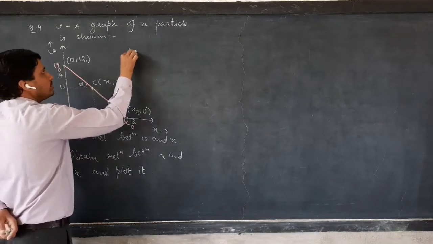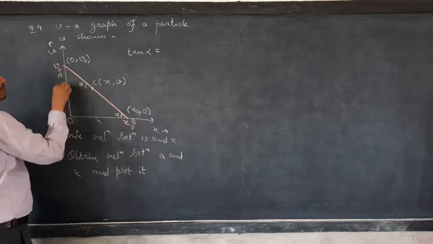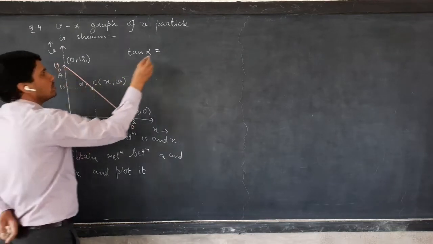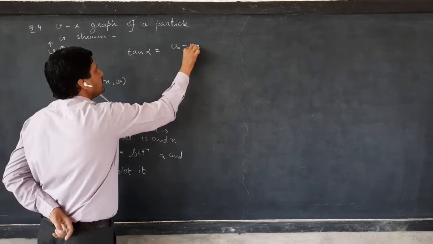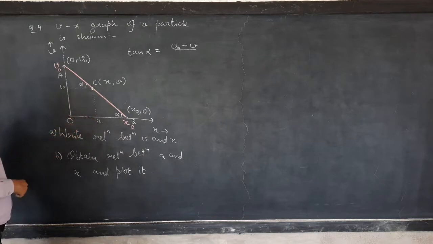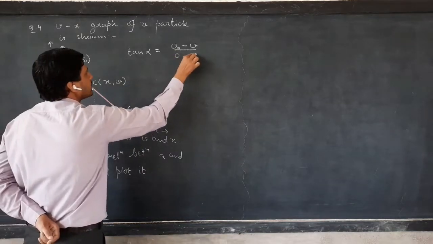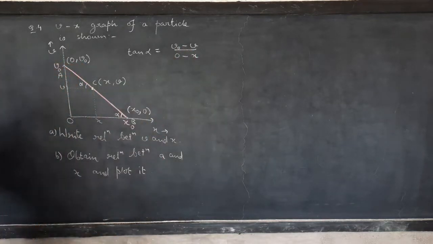So tan alpha is equal to, I'll use the smaller triangle, perpendicular by base. This perpendicular will be v naught minus v, by the base. We should actually write 0 minus x, not x minus 0.